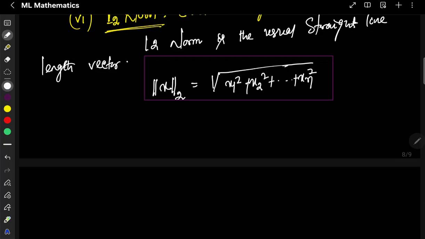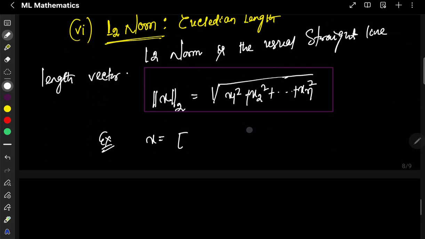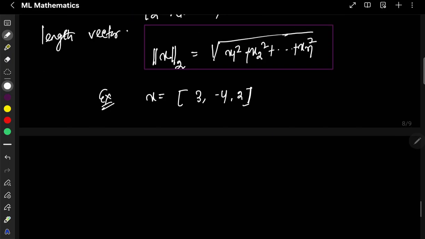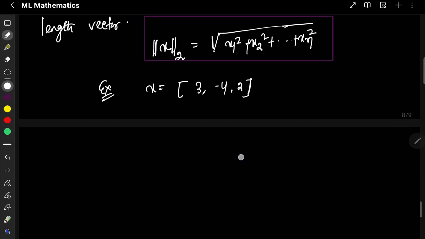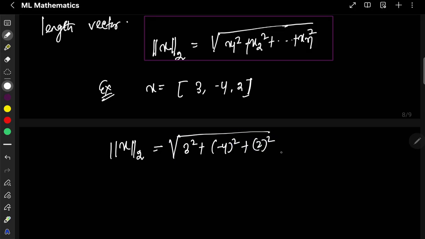Now if I'm saying for the same vector which we took before, our x used to be 3, minus 4, 2. Let's do the L2 norm on this same vector, right? If we do the L2 norm on the same vector, I'll be having the square root of 3 square plus minus 4 square plus 2 square.